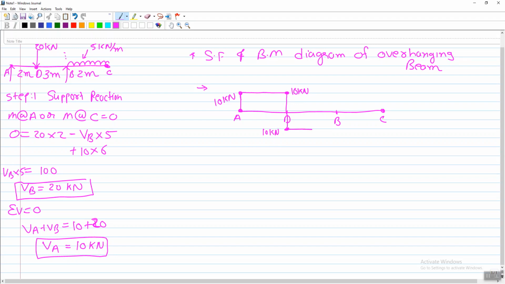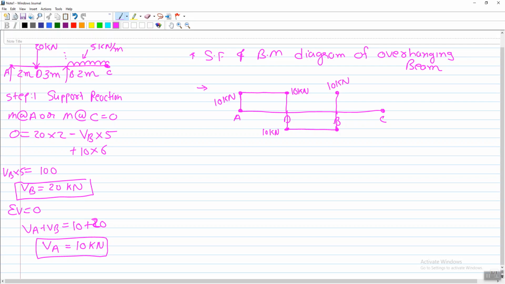Then up to point B there is no load. At point B, the support reaction acts in the opposite direction, upward, and the reaction at B is 20, so you have to go 20 up, which is about 10 kilonewton above the reference line.